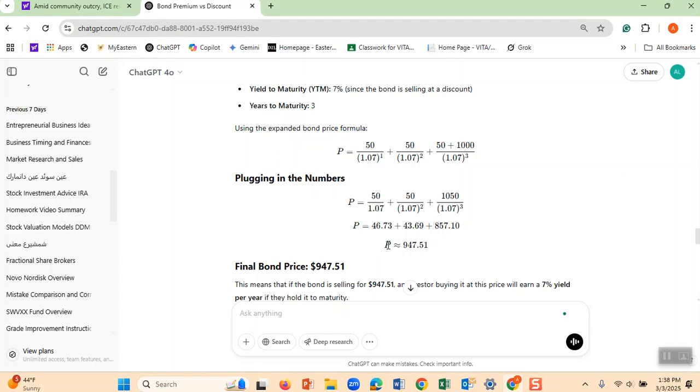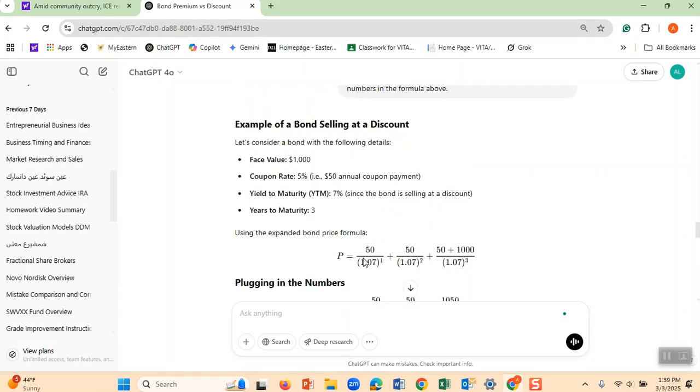Now, we said this bond is selling at a discount. The question is, can this bond be sold at a premium? At what condition? Let's say Donald Trump comes and sells this bond for more than $1,000 to you, for example. And we will talk about that. In this case, we know that the bank was going to give everybody 7%.